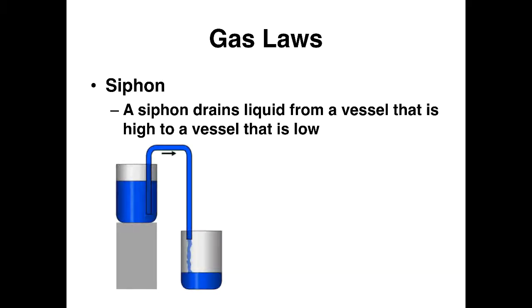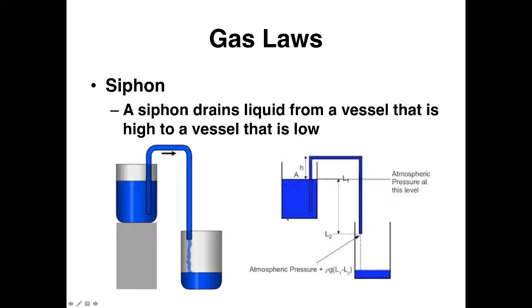So here's an example of a siphon, and the flow of the fluid will be from this high level here to this lower level here until this is empty. And what you can see here is basically the fluid has to go up this high, move, and then it drops down to this level.